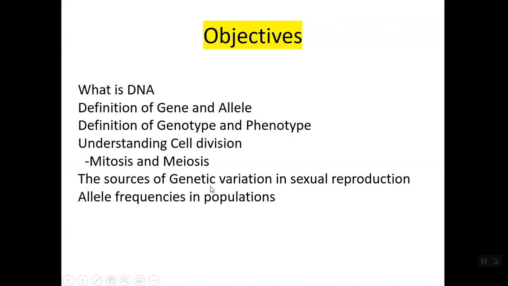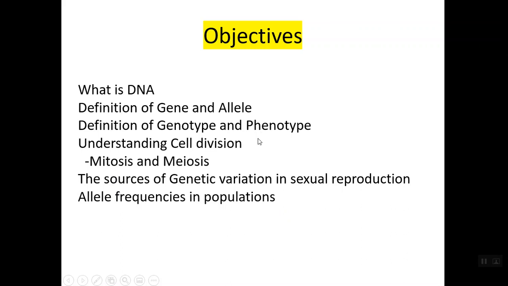And remember that our scope really is to finally understand how allele frequencies behave in populations, which is a point that we have not discussed yet. But in order to understand this point, we needed to understand a little bit of genetics.